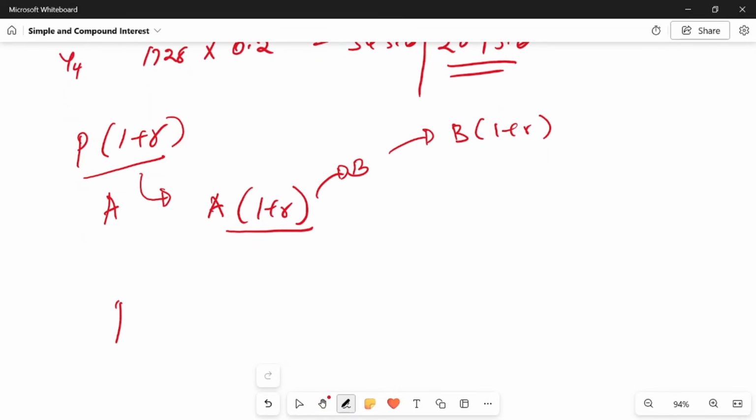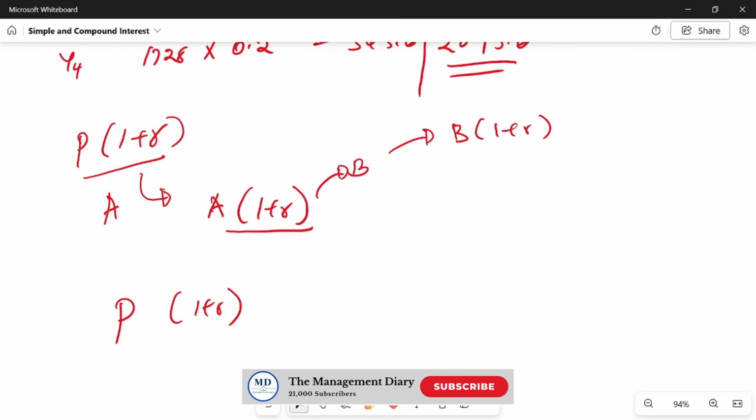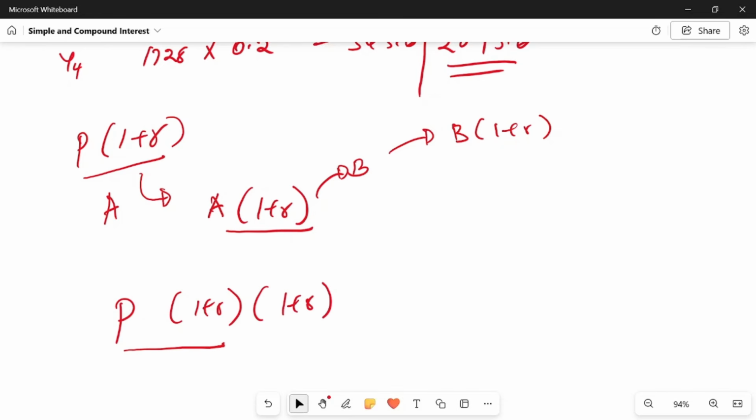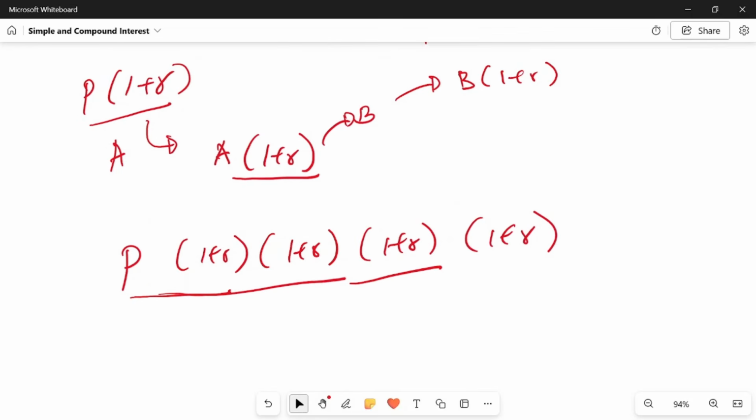So in simple terms, you're going to have P times 1 plus the rate for the first year. Then all these multiplied by 1 plus the rate for the second year. Then all these multiplied by 1 plus the rate for the third year. And for the fourth year, you just continue doing that. But in simple algebra, this is simply P times 1 plus the rate for n years.